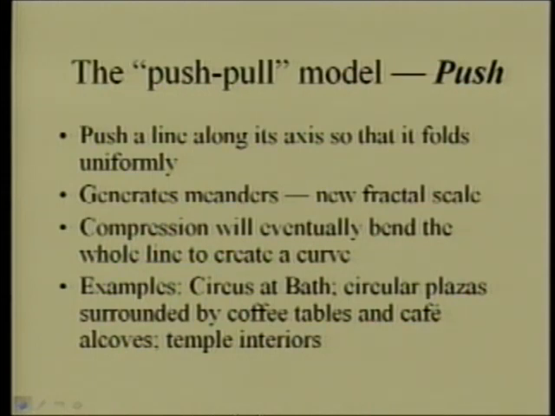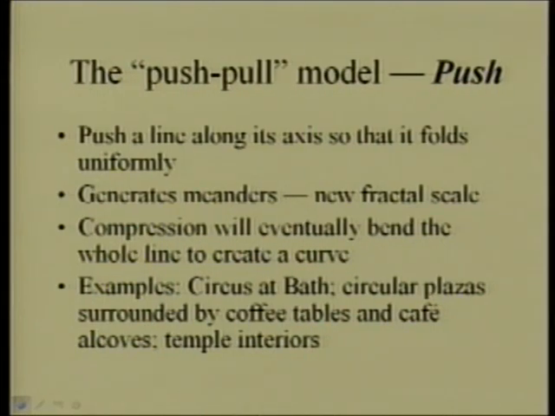Examples are the Circus at Bath in England, where you have just a line of houses, each one articulated. There are alcoves because of the house shapes, and the whole thing is a large semicircle.